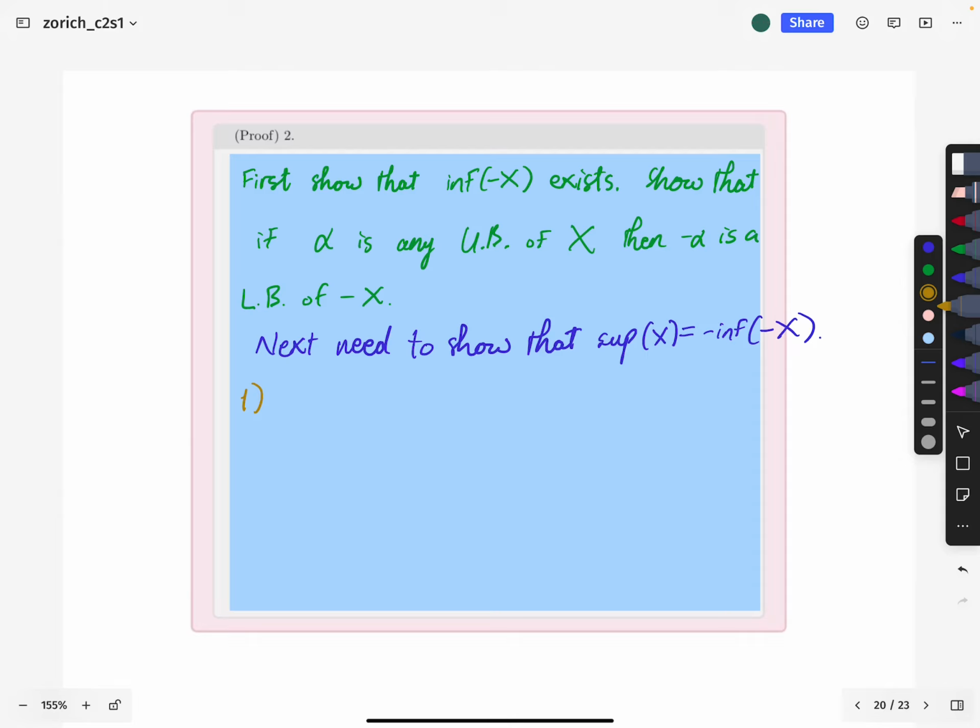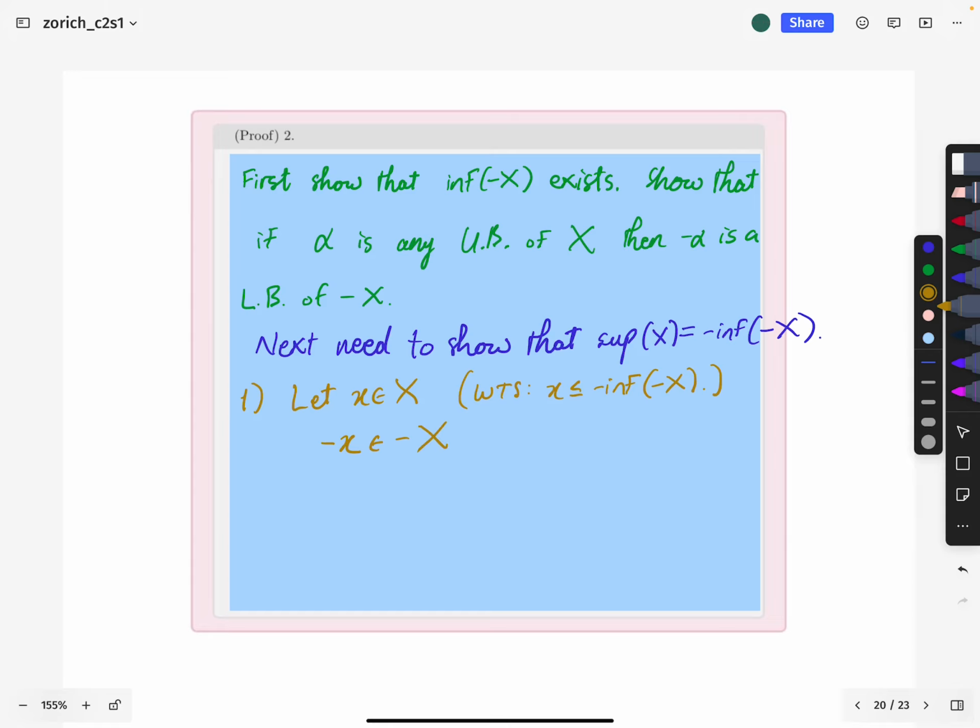To that end, let little x be an element of big X, and we want to show that this little x is less than or equal to negative inf negative X. So that's the goal. How do we get there? Somehow we need to introduce negative big X in some relevant way. So let's talk about negative little x, which must be an element of negative big X by definition.